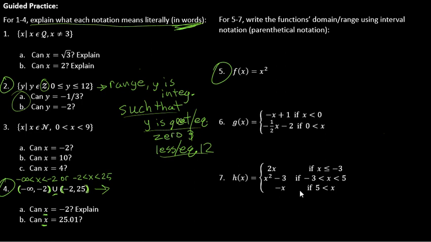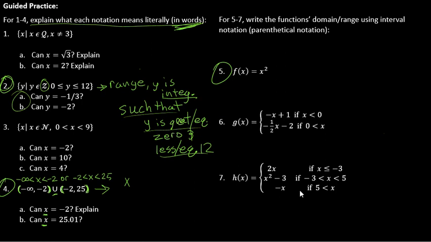Okay, so how would I read this out loud? Remember I told you, if we're not given anything specific about what set this belongs to, so on number 2, I was told specifically it's on set Z, the integers.